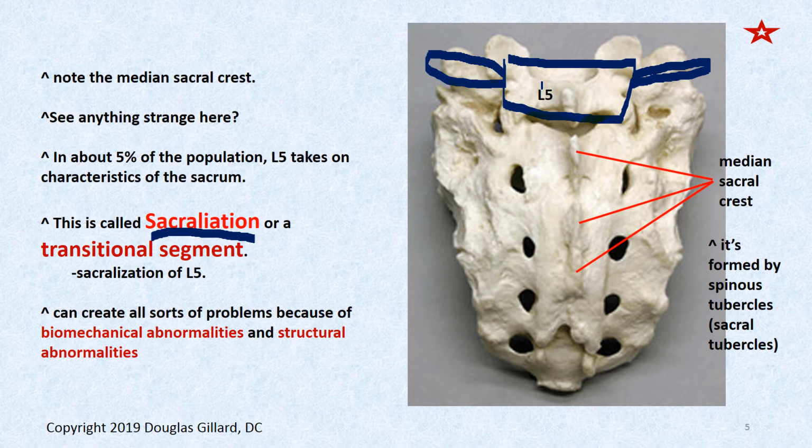Because it's related to chronic back pain. So you'll see a bigger prevalence, and you should always explain to the patient that they have this, because if they do have it, they probably are not going to get better quite as quick as your normal patients do. On the other hand, these are going to be good patients because the pain usually does come back if they have a structural abnormality, which I'll show you in a minute.